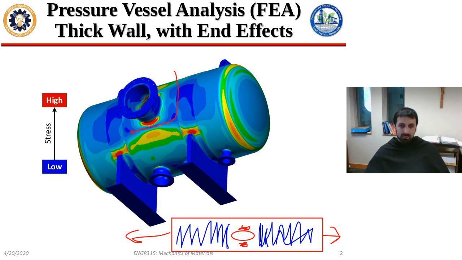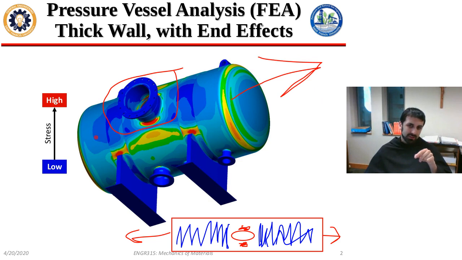Does this look like that at all? You can kind of see some red up there and some red down here. So you have an increase in stress at the top and bottom of a hole. Does that look familiar at all? Because if it does, then that means that this tube is in tension.